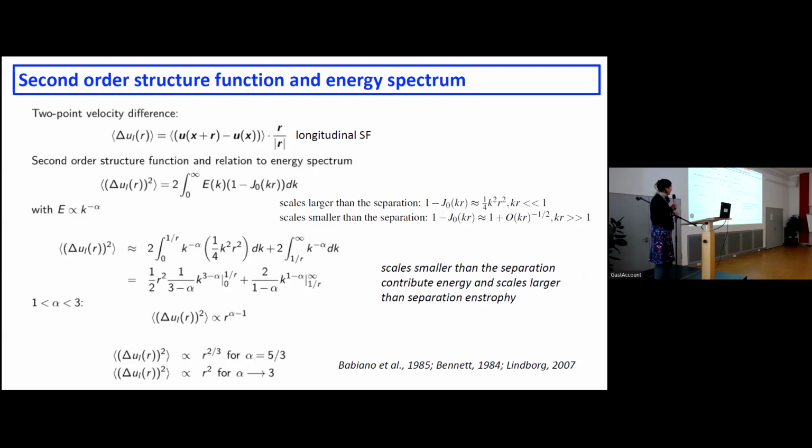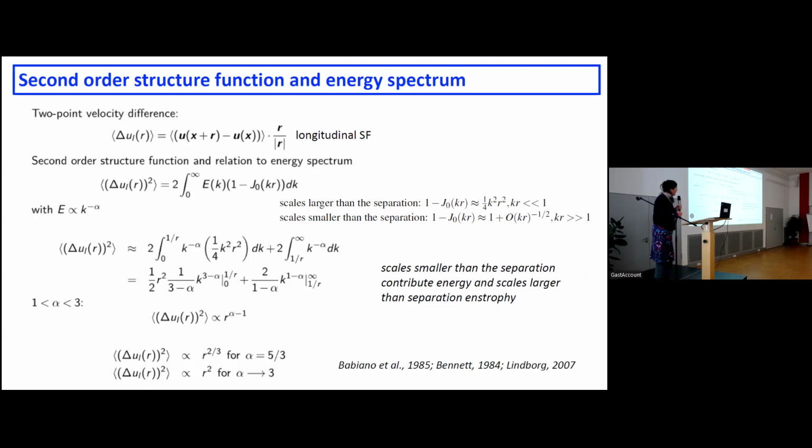So from here you can already see that the second order structure function is related via an integral over wave numbers to the energy spectrum. However, you can actually look at limits, the large and small scale limits of this term 1 minus J0.